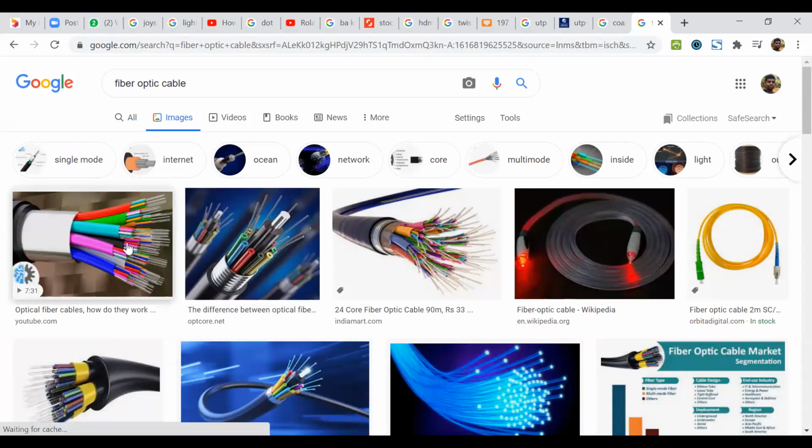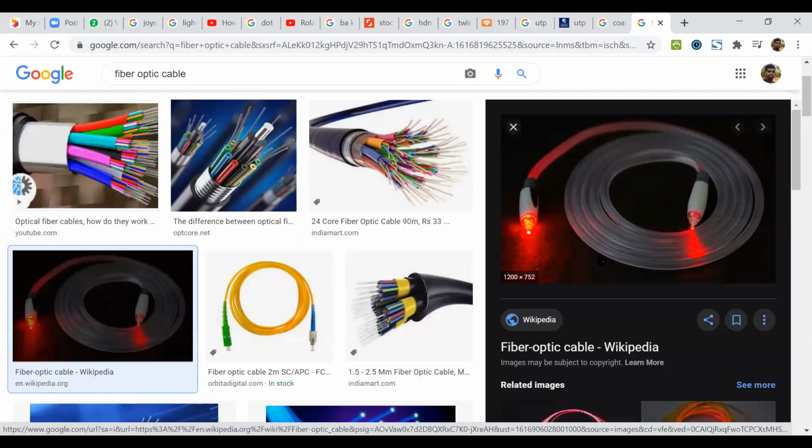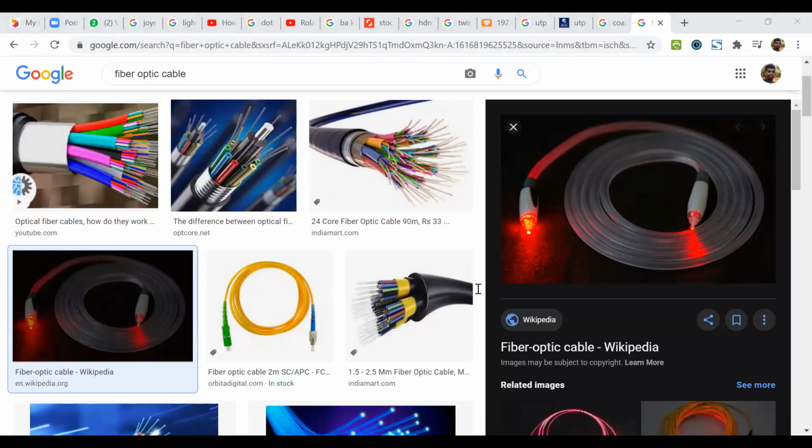You use light to transmit data, compared to the previous ones. The quality of the data is high, but the cables are really expensive.